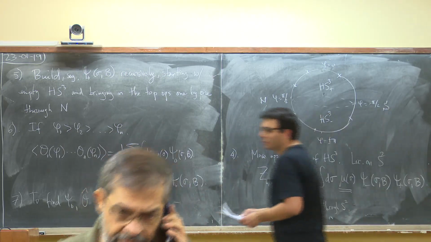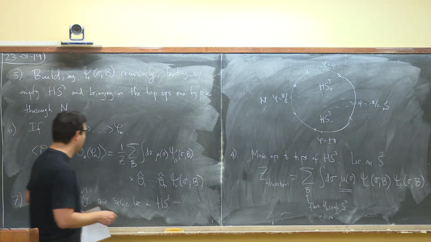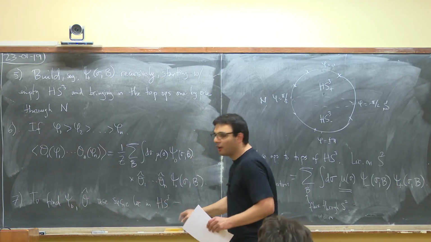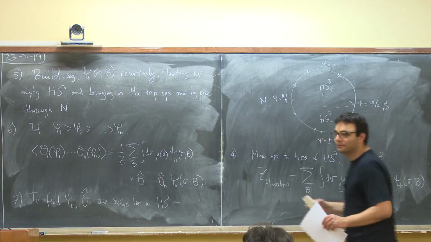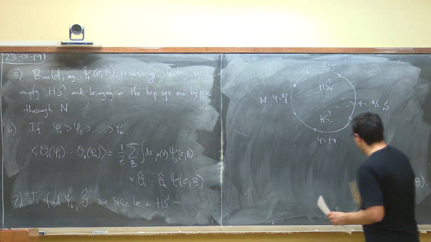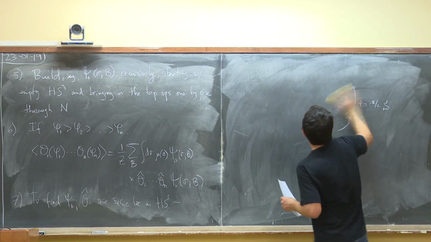Okay, and let me just give you an example. All I have to do in order to be able to compute is to say what the various ingredients are, what psi 0 is and what these O hats are, and that would be it. So we worked out all these formulas. Maybe I can erase this now.